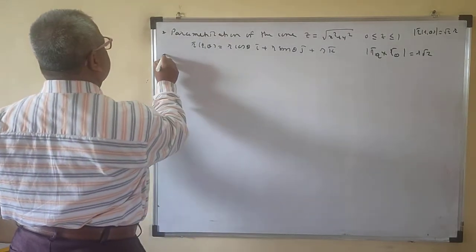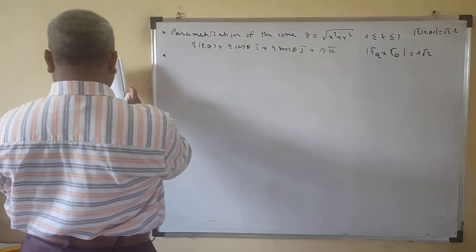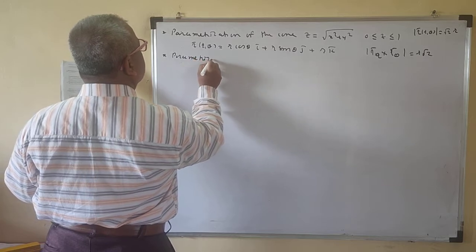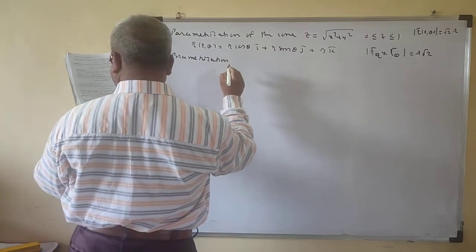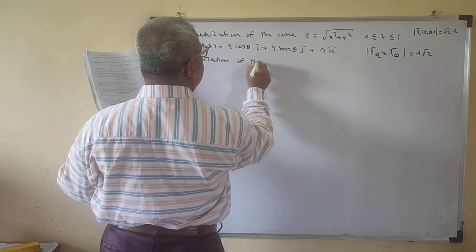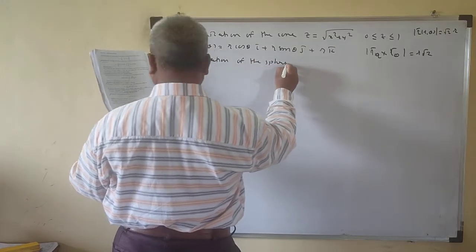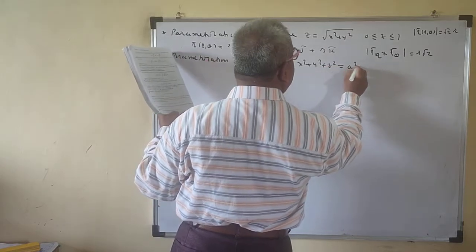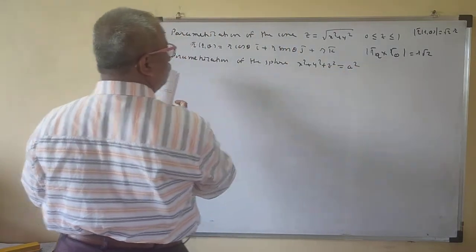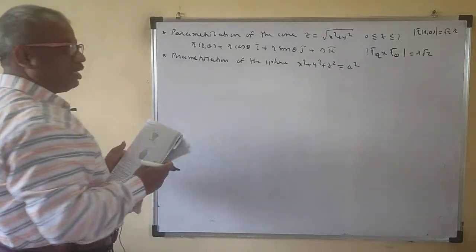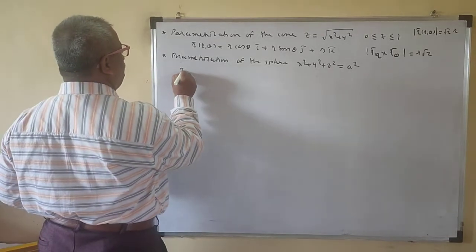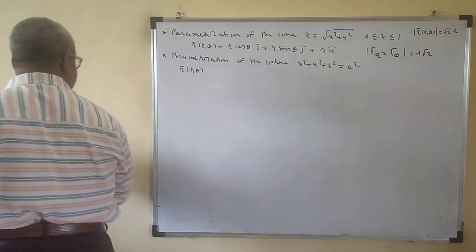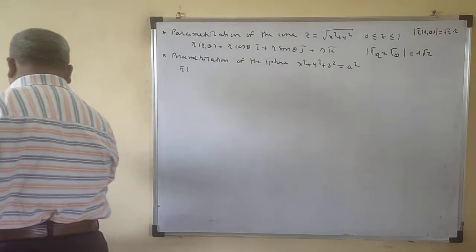Now next example: parameterization of the sphere x square plus y square plus z square is equal to a square. It is a sphere, so r bar of theta, phi. Because the radius is given, there is no need for r.